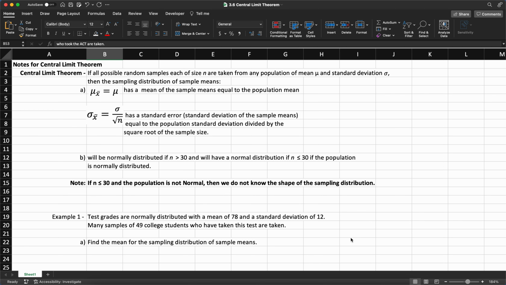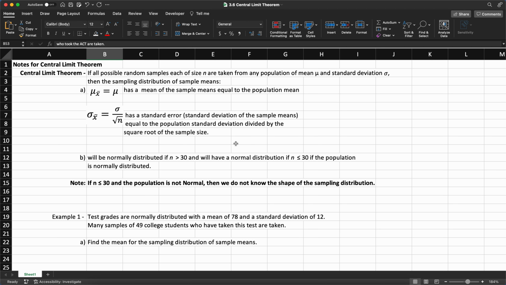The limit part is the more means I take, the more samples I take, and the more means I have to average together, the closer the average of all the means of each sample will get to the population mean. And the closer the standard error will get to the standard deviation of the population divided by the square root of the sample size.